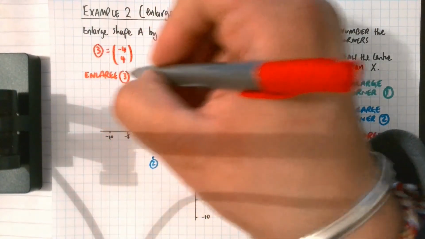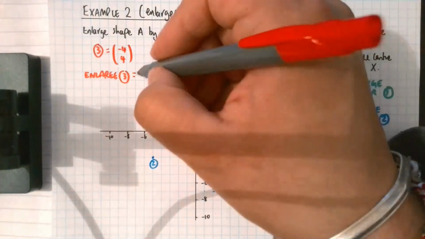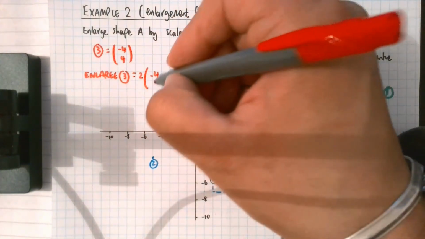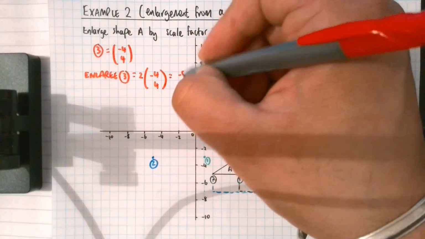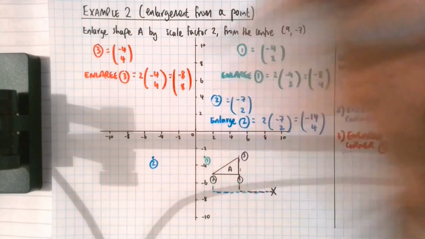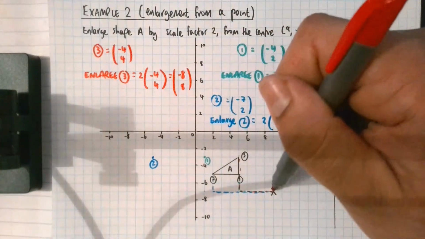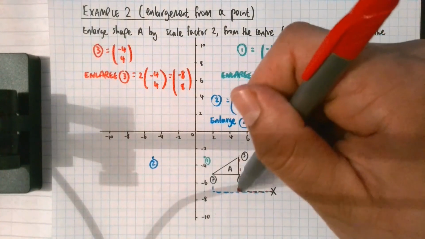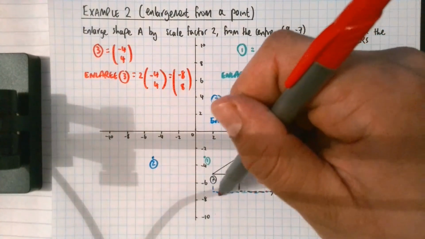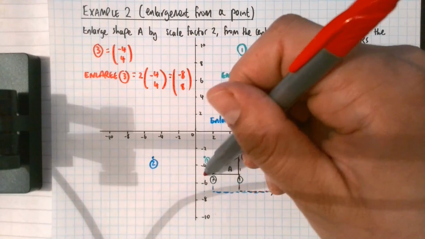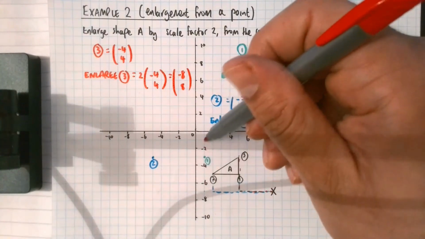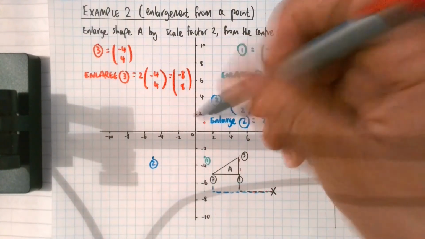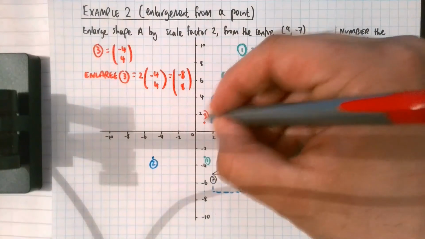We're going to enlarge that vector by the scale factor of 2. Then we're scaling up. The result of that is going to be -8 and 8. So we're going to find that point on our grid. So we're going 8 squares to the left, and then 8 squares up. Little dot, that's corner number 3.